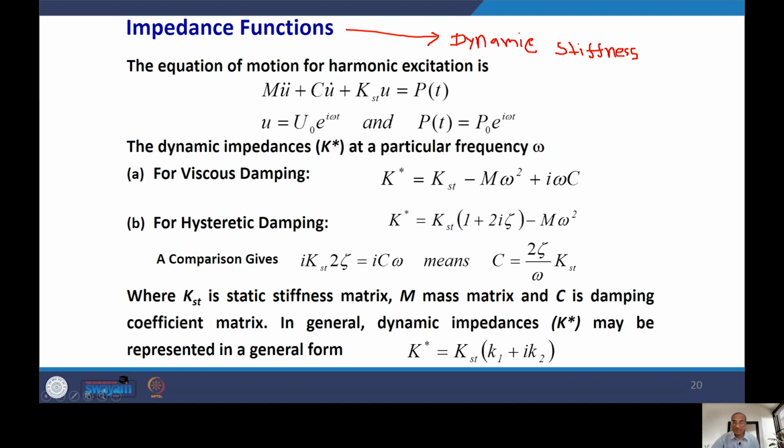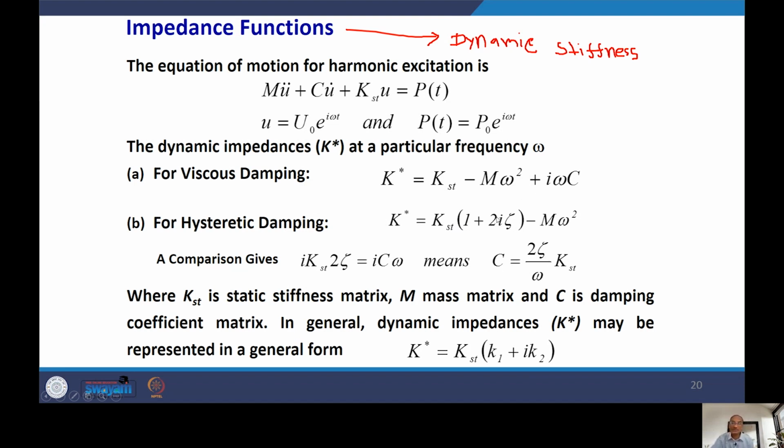That means the damping coefficient c can be found as 2ζ divided by ω into k_st, where ζ is the damping ratio. So c, the damping coefficient, is proportional to k_st, and of course the damping ratio and angular frequency also come into the picture.